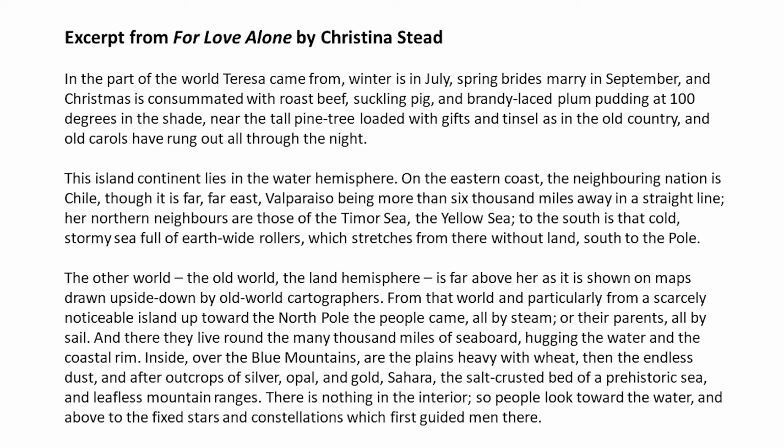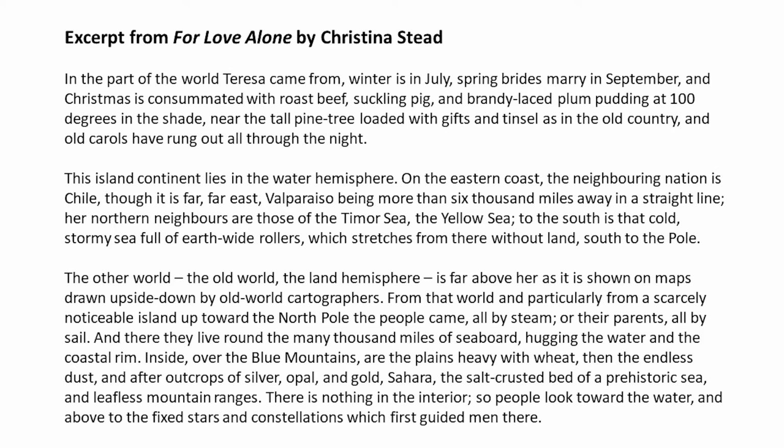Maybe not somebody who is as popular or as well known as Banjo Patterson, but what Christina Stead does, and by this stage we're looking at the mid-1900s, she starts to identify a different figure within Australian literature, a female figure, but it's quite clear that she's an outsider. This female figure is an outsider.